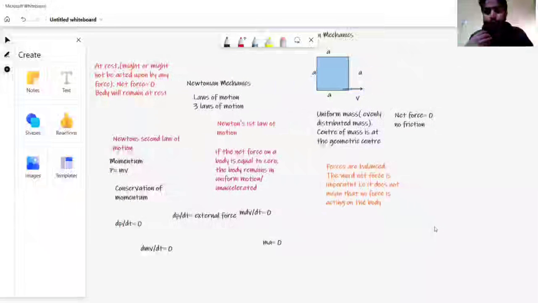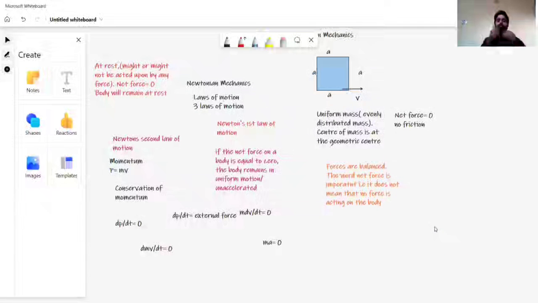Say you started accelerating it, and it started moving. It was at 0 velocity, and it started moving with 5 meters per second, 10 meters per second, 30 meters per second. So it gained momentum. What was the initial momentum? 0. What is the final momentum? 5. So the change in momentum, which thing brought it? It was the external force. Once there is an external force, there will be a change in momentum.